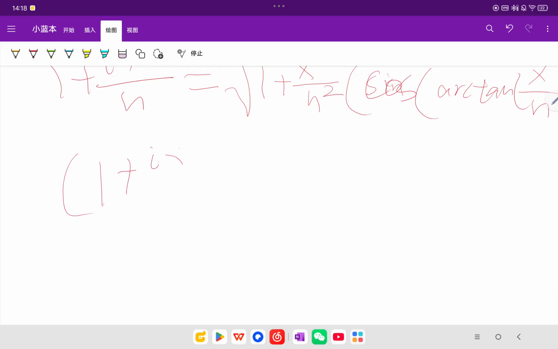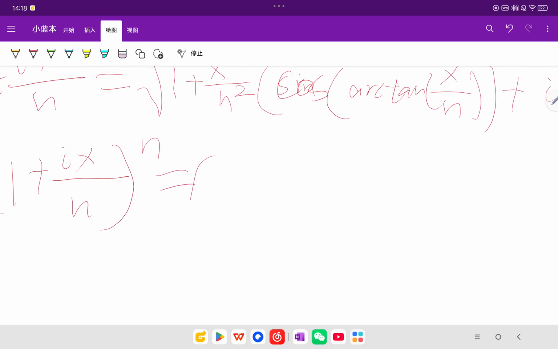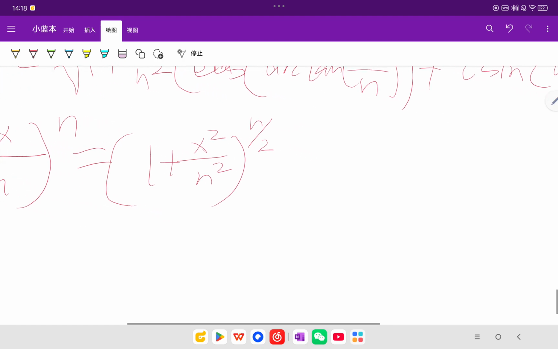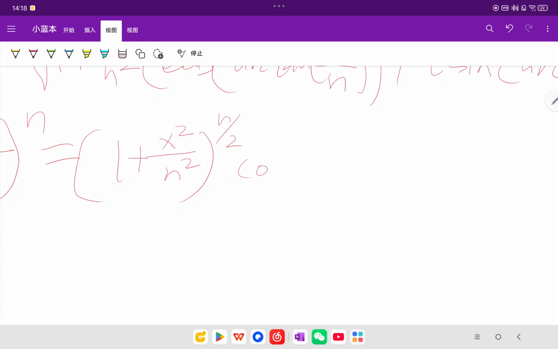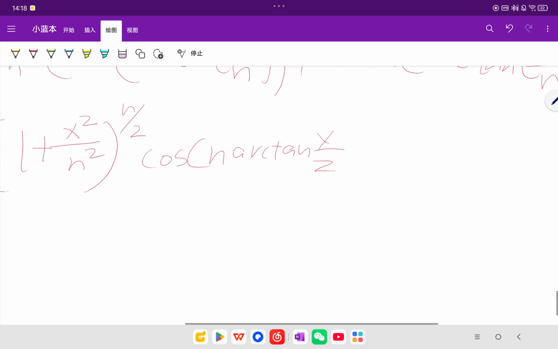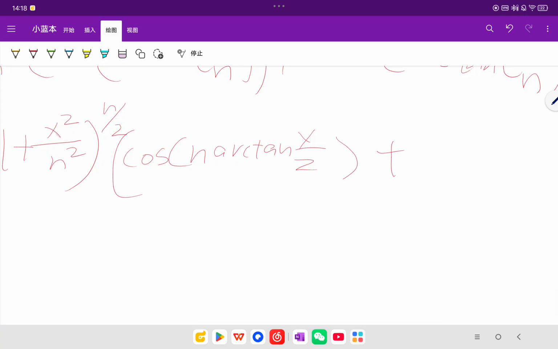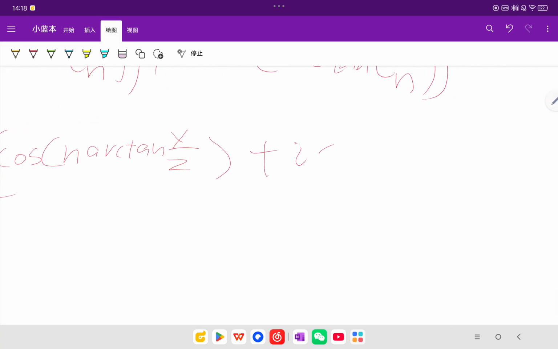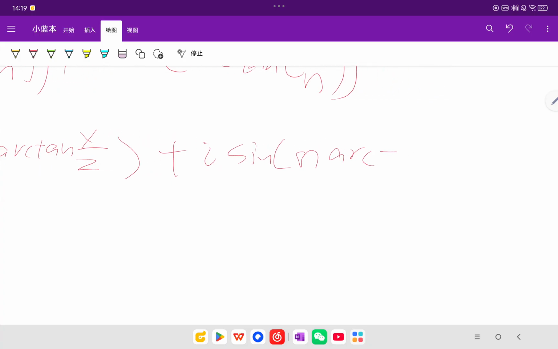(1 plus ix over n) to the n equals (1 plus x squared divided by n squared) to the n divided by 2 power, times cosine n arctan x divided by n, plus i sine n arctan x divided by n.